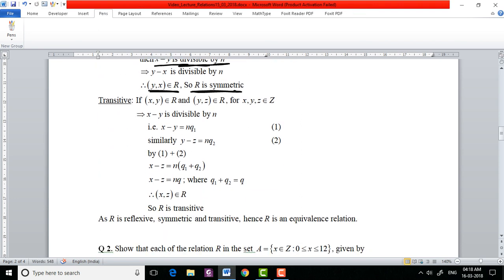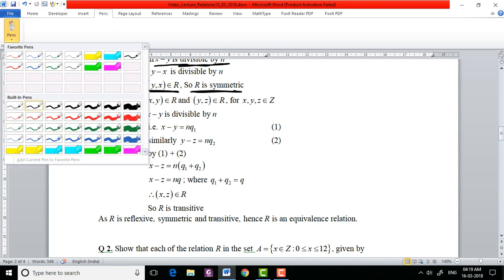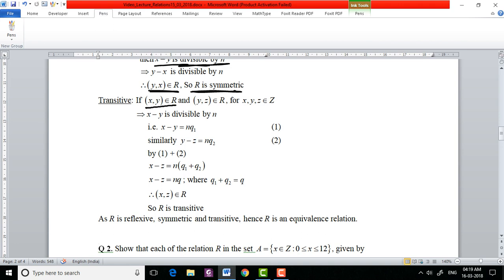Let us move on to the third type, transitive. For this one we need two elements in the relation. If (x, y) belongs to R, and (y, z) also belongs to R for x, y and z belonging to the set Z. Now as (x, y) belongs to R, this means that x minus y is divisible by n according to the definition.